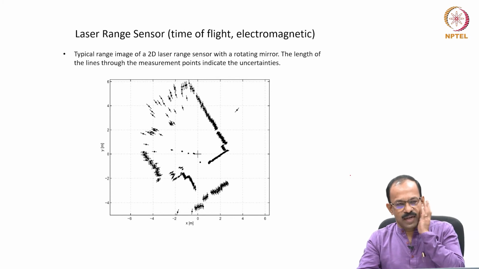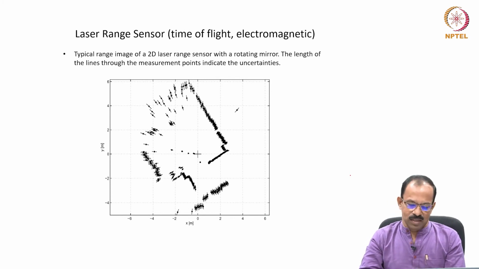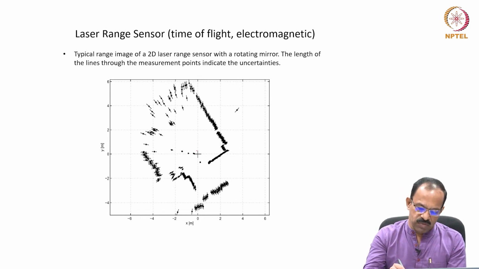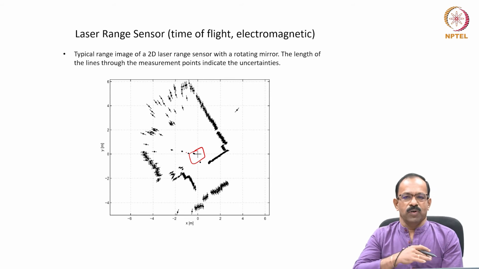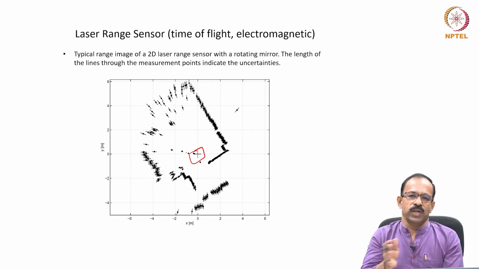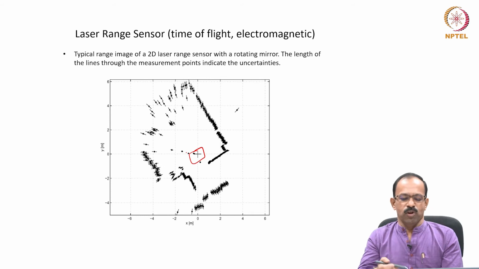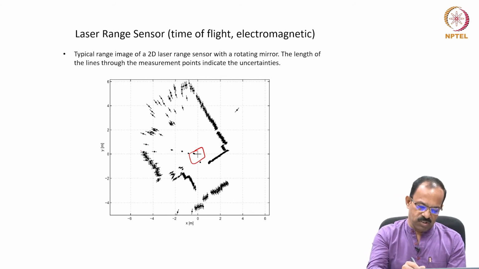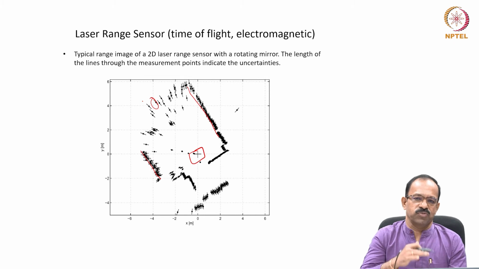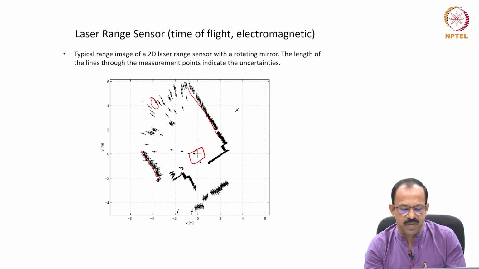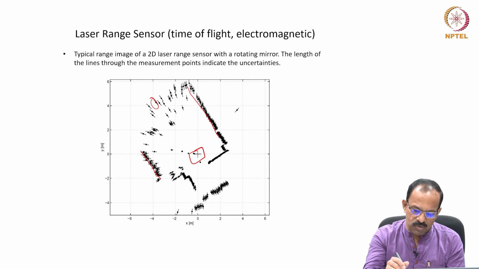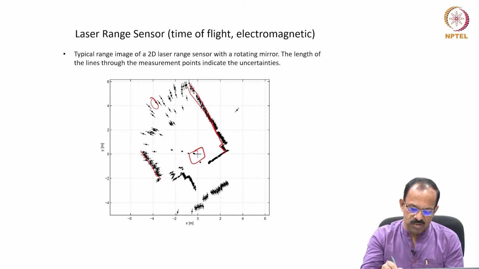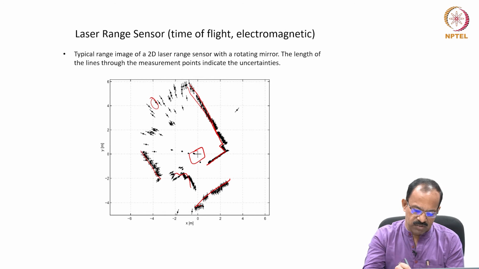This is an example of how we can get the distances and then use the distance measurements to create the map. You can see the sensor is here, and if you move the laser beam in a 2D space or in 3D, you will be able to get all the distances. It actually shows the distances and some uncertainty. You can see there is a line which shows some uncertainty because of the measurement error, but still you will be able to see that there may be a wall here, a wall here, and then a wall here.